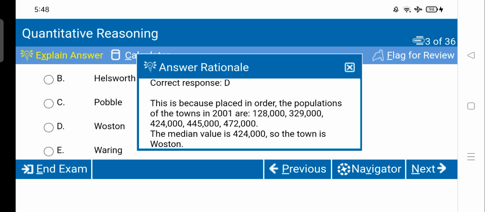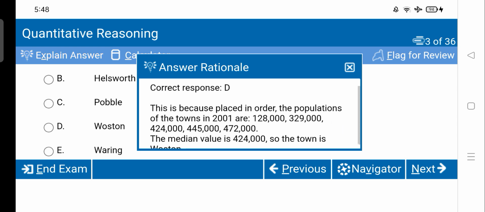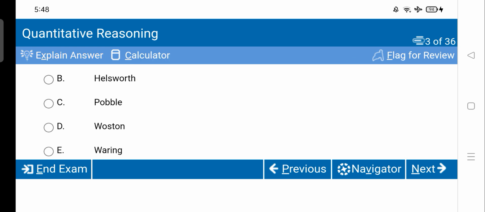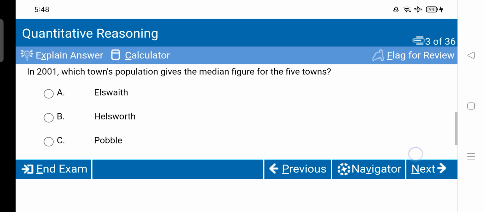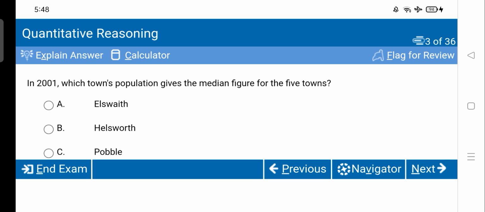So the median value is 424,000, so the town is Boston. So the correct option is option D, that is Boston is the town whose population gives the median figure for the 5 towns in 2001.